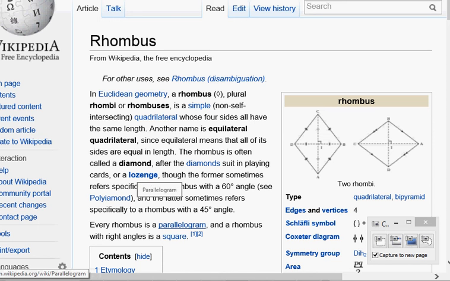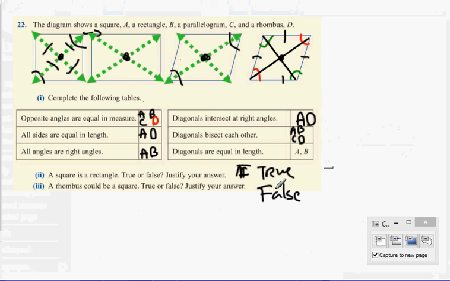Every rhombus is a parallelogram, because a parallelogram is a 4-sided object where the opposite sides are parallel, and every rhombus with right angles is a square. So this means, in fact, that a square is a rhombus. Can a rhombus be a square? True. The reason being is rhombuses have 4 sides that are equal, so do squares. It doesn't matter setting the angle to 90 degrees. Okay?